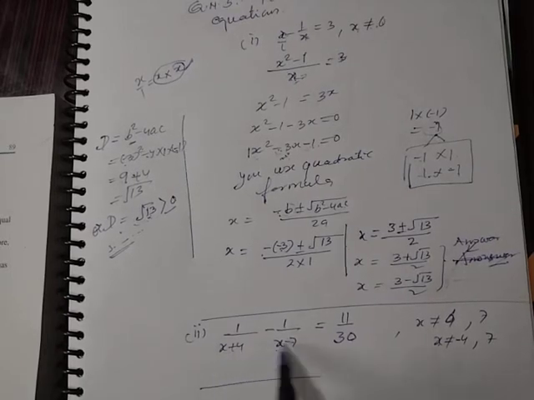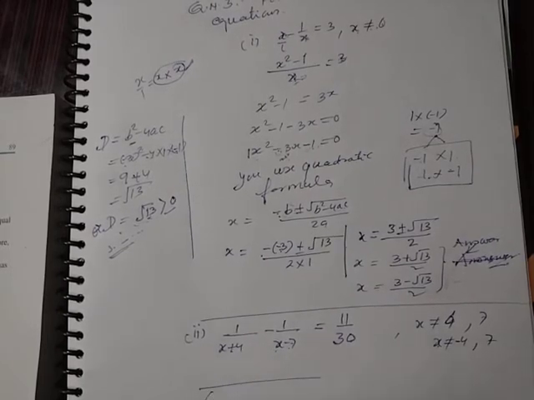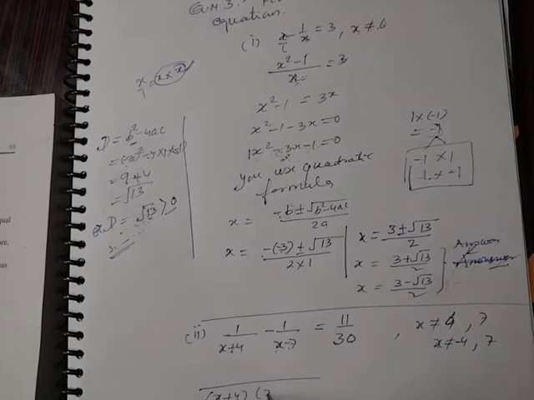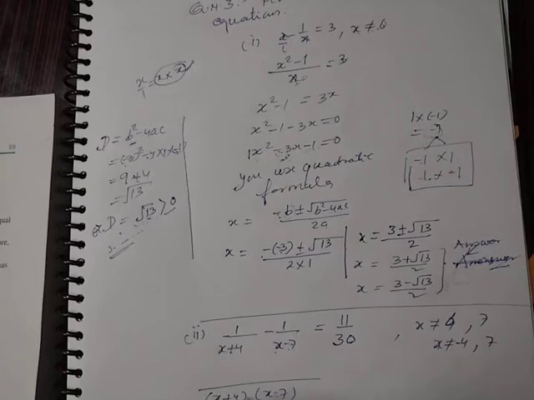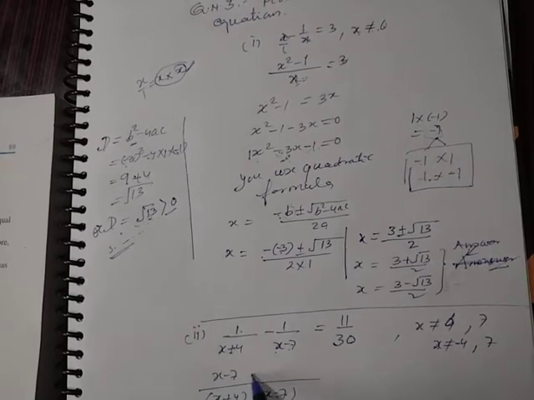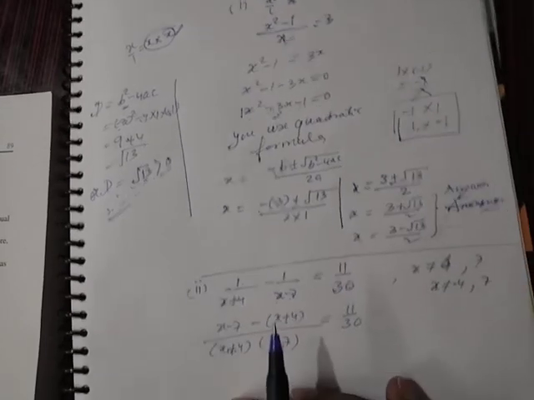Now take the LCM of x plus 4 and x minus 7. Then you divide this by x plus 4, x plus 4 will cancel, the quotient will be x minus 7, into 1. Minus, you divide this by x minus 7, x minus 7 cancels, then you multiply x plus 4 by 1, equal to 11 by 30.